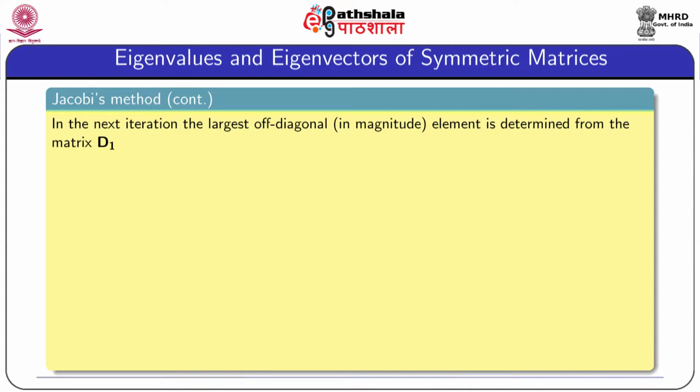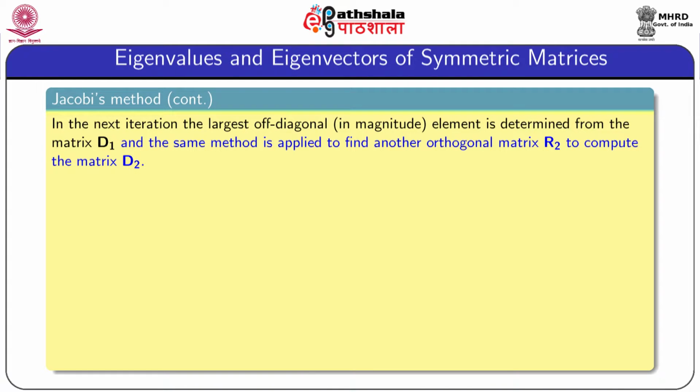In the next iteration, the largest off diagonal element in terms of magnitude is determined from the matrix D1, and the same method is applied to find another orthogonal matrix R2 to compute the matrix D2. That is, D2 equals R2 inverse D1 into R2, where R2 is the next orthogonal transformation matrix, D1 is the first iterated matrix and D2 is the new iterated matrix.